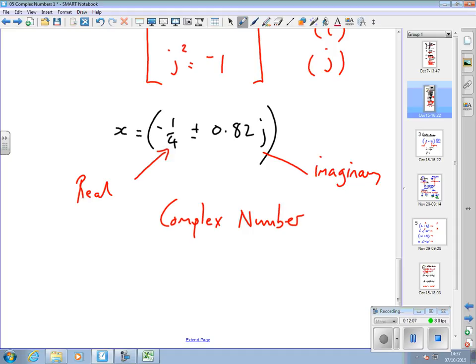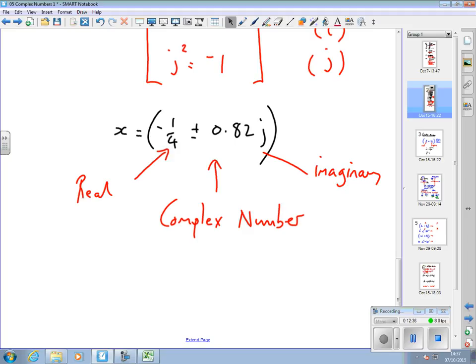Together, the real part and the imaginary part make up what's called a complex number. So the whole thing is a complex number. And they arise from trying to solve quadratic equations where the root is negative, and means you can then come up with an answer. Now, why it's important is because we can use it to represent vectors.